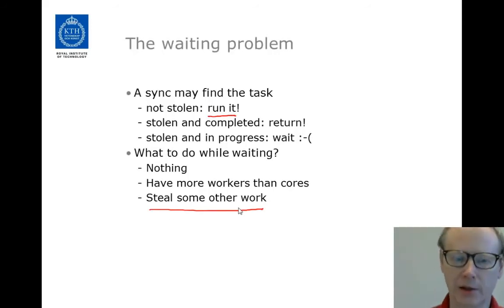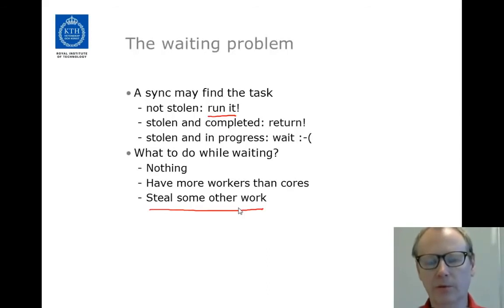You can steal while waiting, but you have to be careful what to steal so that you don't steal things that lead to circular waiting. Again, this is nothing that you as a programmer would be concerned with. This is about the implementation of the task parallel library or the task parallel framework, like OpenMP tasks or Cilk Plus and so on.